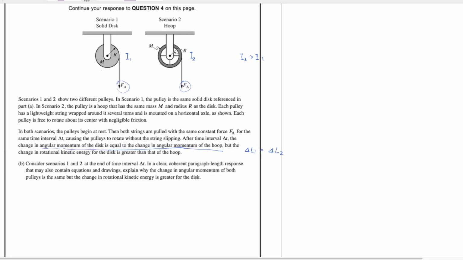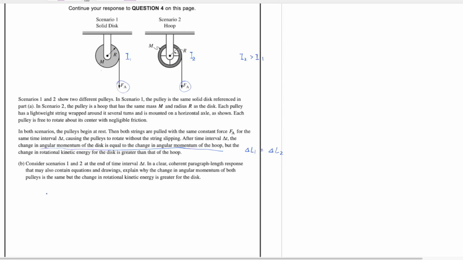So question B is, consider scenario 1 and 2 at the end of the time interval delta t in a clear, coherent paragraph length response that may also contain equations and drawings. Explain why the change in angular momentum of both pulleys is the same, but the change in rotational kinetic energy is greater for the disk. Okay, first I want to explain why the change in angular momentum of both pulleys is the same.